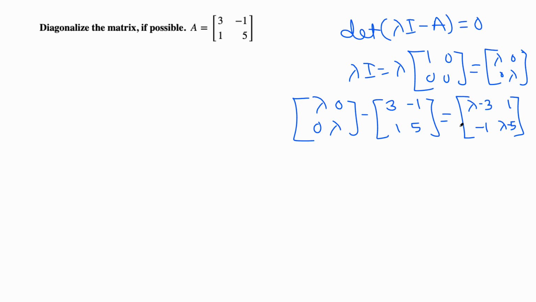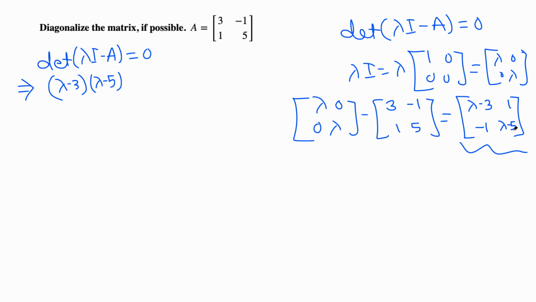Now the determinant of this matrix is easy because we got a 2 by 2 matrix. The determinant is the product of the diagonal elements minus the product of the off-diagonal elements, and we set that equal to 0. So lambda minus 3 times lambda minus 5, minus negative 1 times 1, which is negative 1, and minus negative 1 means plus 1, equals 0.